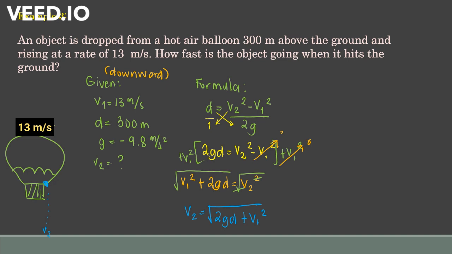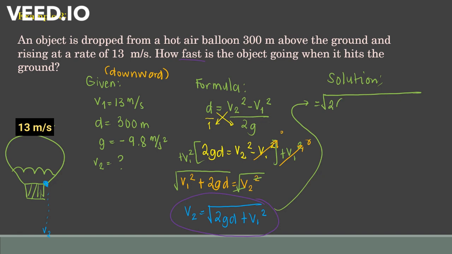We will be using this formula to solve for our final velocity. Let's substitute our givens.